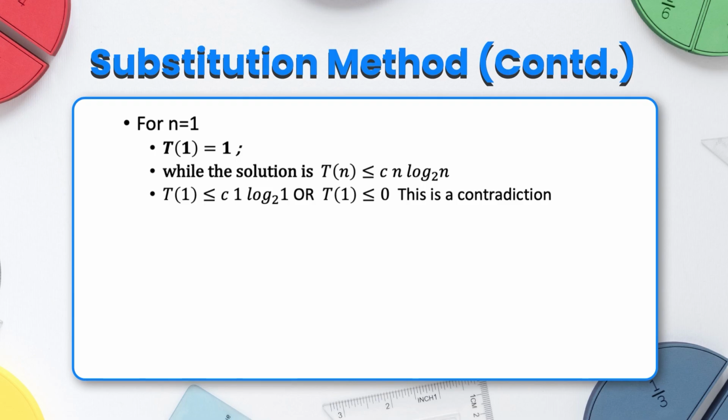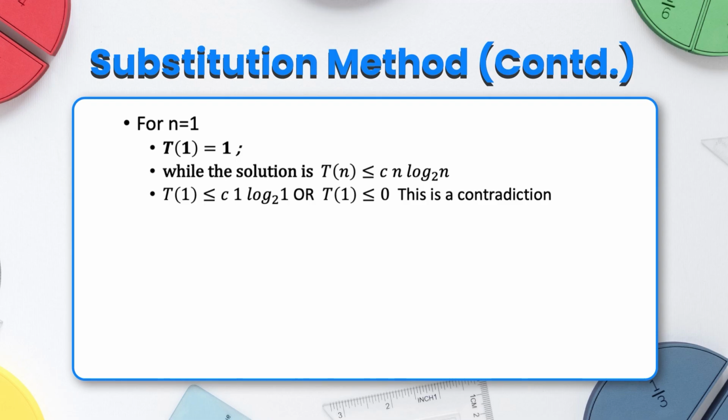Since n equals 1, there is no half, you cannot divide it further, so T1 is just 1. So the terminal condition is T1 equals 1.